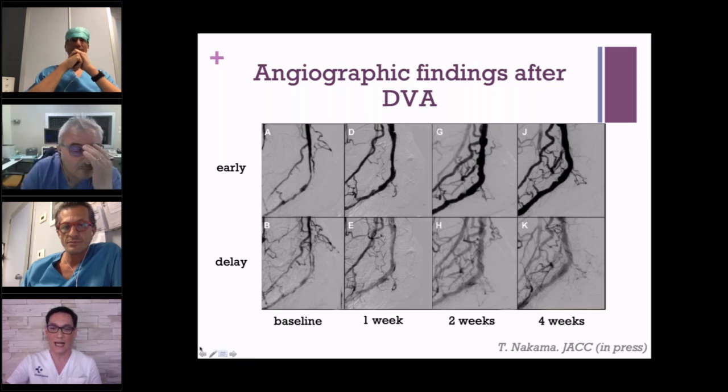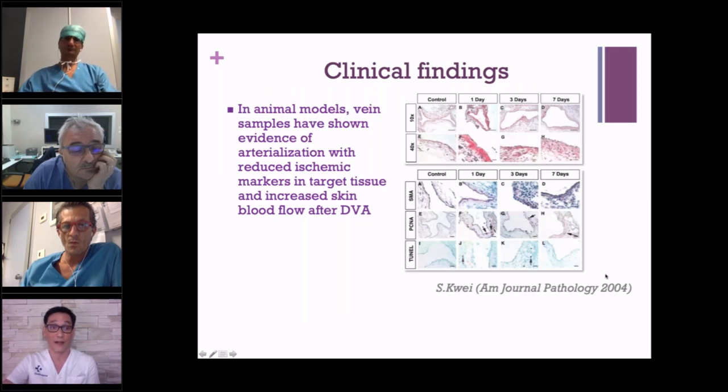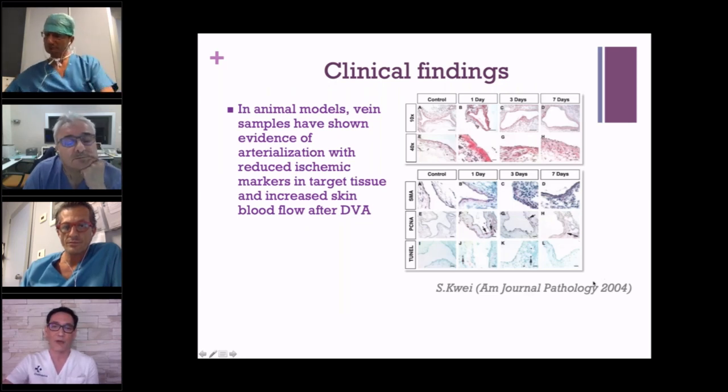And as you can see in this slide, 4 weeks after the procedure, you can see some of this new distribution system. With regards to biological findings, we have seen in animal models, specifically in rats and dogs, that there is evidence of reduced ischemic markers and increase of blood flow following DVA.